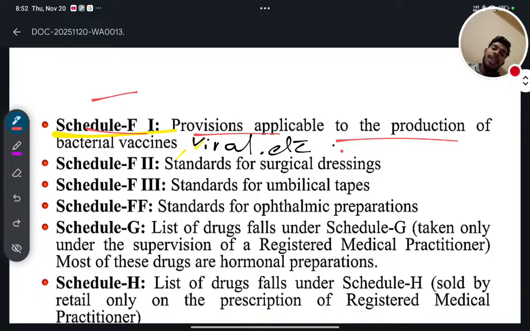Schedule F2, standards for surgical dressing. So see how to remember that.